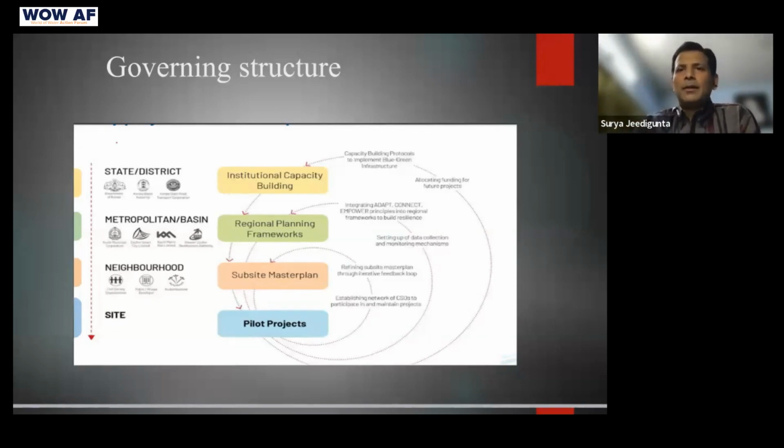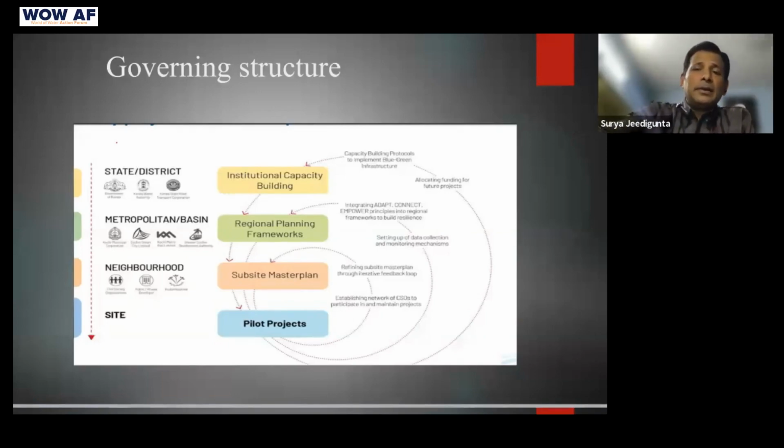So we talked about this, and obviously the funding is a big thing. And to make this happen, we need to bring all the stakeholders, whether it's the municipalities, the town planning, the real estate developers, contractors, citizens.